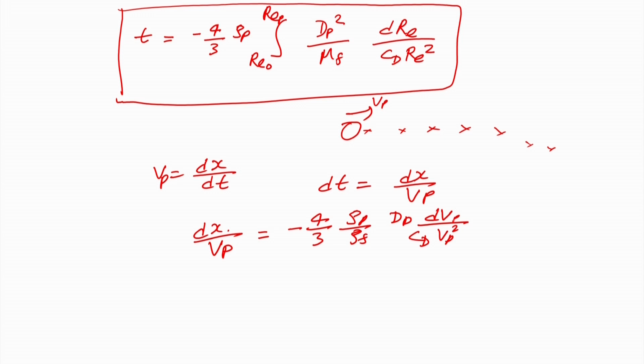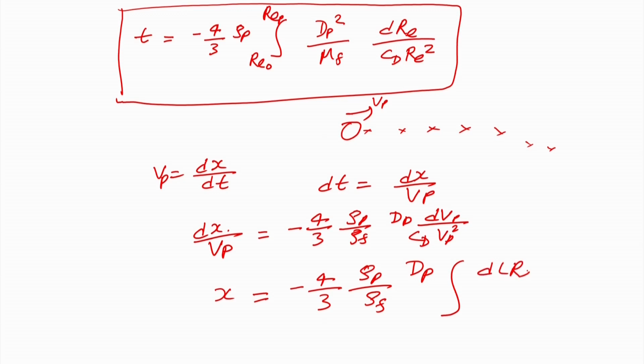So, if you do that, this is dx, x will be equal to minus 4 upon 3 rho p upon rho f dP integral of d of Re.